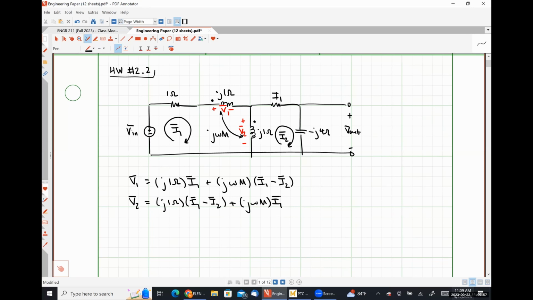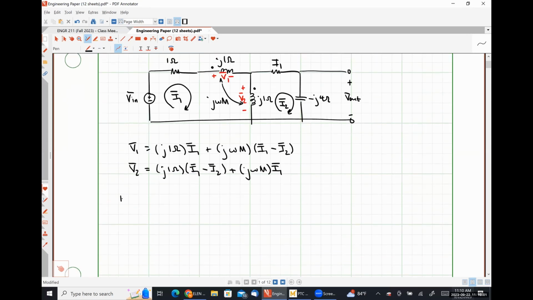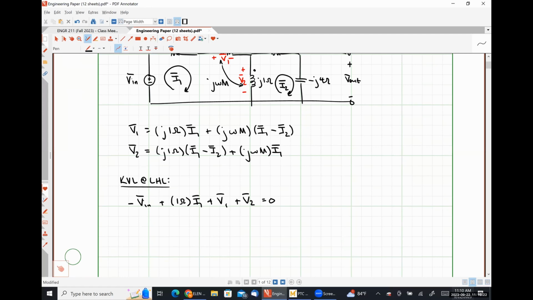So now I'm going to do KVL around the left-hand loop. I'm going to have negative Vn plus 1 ohm times I1 plus V1 plus V2 is equal to 0. Let's expand this out a little bit.